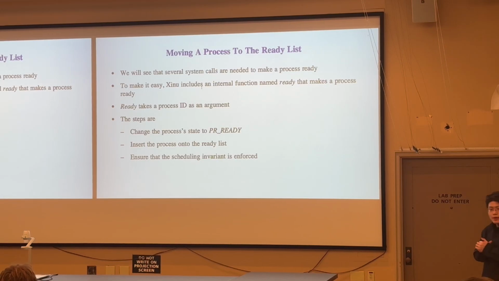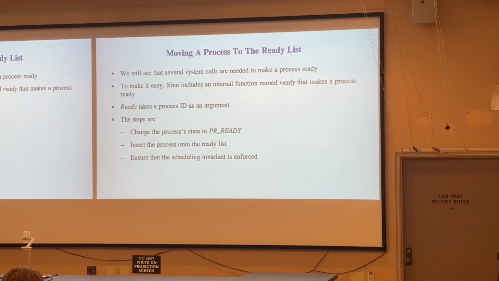So how to move a process to the ready list? Now we'll see a few functions that Xinu relies on internally, and they might not be exposed to the user application like other system calls, but they are reused by other Xinu OS kernel functions, so they are still important.